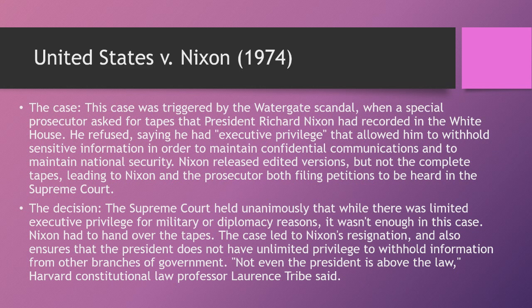US versus Nixon. I've put this one in because it's Watergate, something that you can talk about when it's about impeachment and how the Supreme Court fits with the president and what power they have over the president.